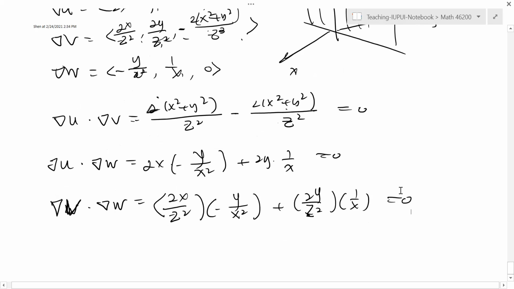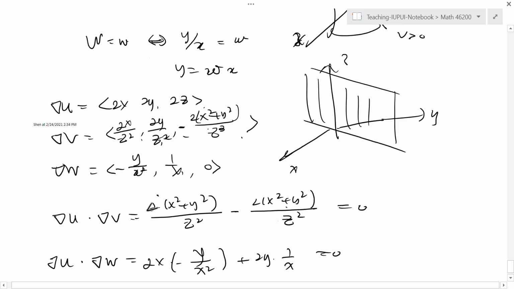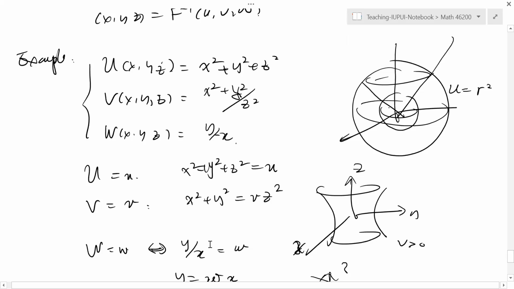So this is called an orthogonal system. Let's take a look at the level surfaces of u and v. U equals little u is a family of spheres with radius square root of u.